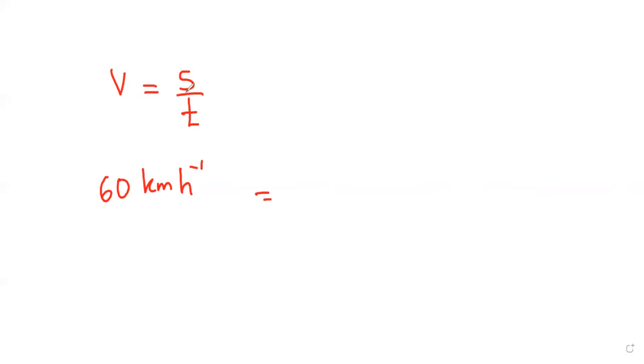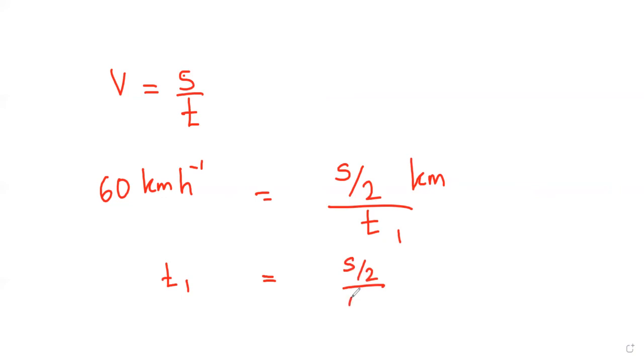And the total distance s for that half duration is s by 2 kilometers divided by, we actually don't know the time, so I'm going to put it like t1, and you need to just cross multiply by the t1. You are going to get t1 is equal to s by 2 divided by 60, and you are going to get a unit of hour. So if you simplify this, you are going to get s by 120 hours.